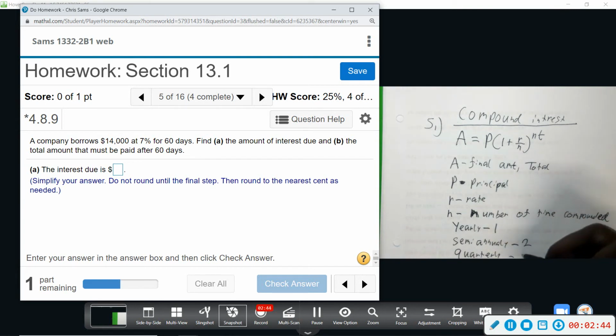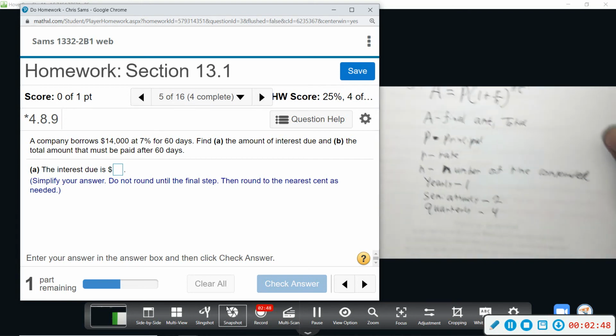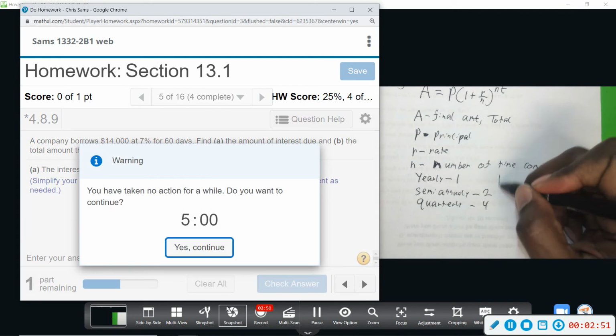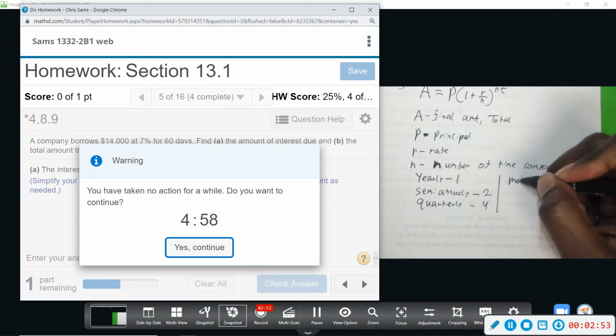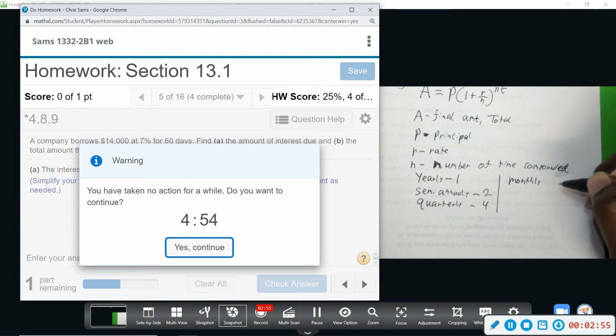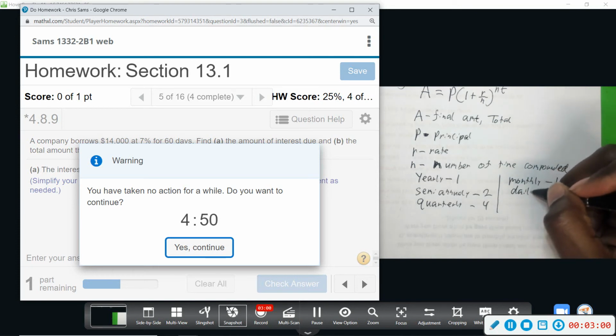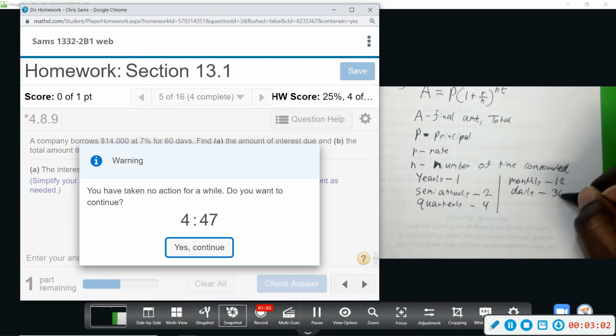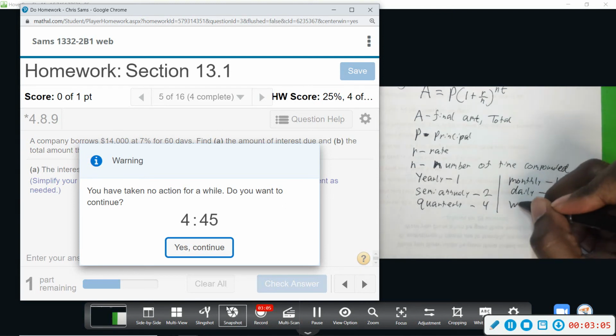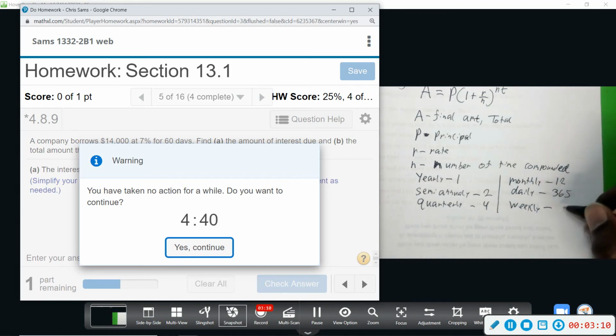Quarterly is 4, and then you have several other options. So let's say monthly. Monthly you get 12. Daily is 365. You can do weekly. Weekly is 52. And you can have a host of other options. They'll tell you based on what's going on in the problem.